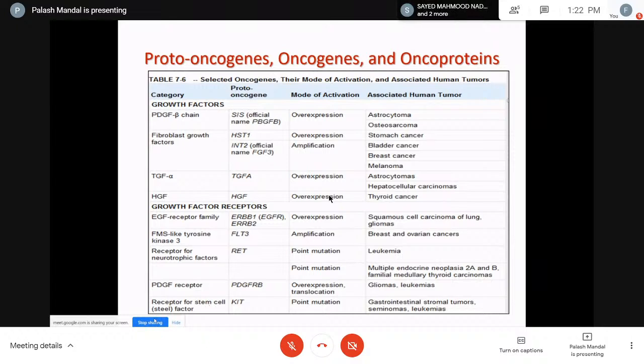If you can arrest a particular gene or a particular mutation, even then the tumor keeps on progressing if it has acquired the potential of progression.